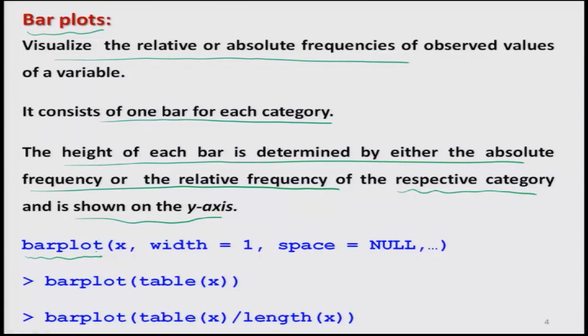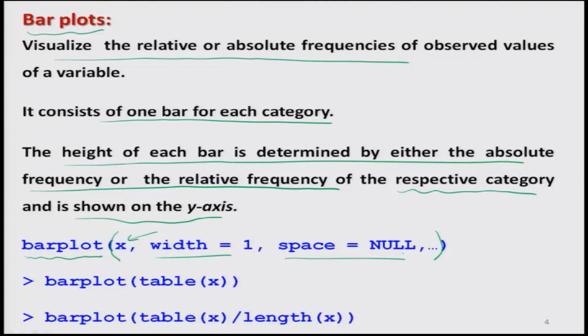barplot, that is simply barplot, and inside the arguments the first option is to write the data vector, and there are some other options also, but here we would like to restrict our discussion to an elementary level.